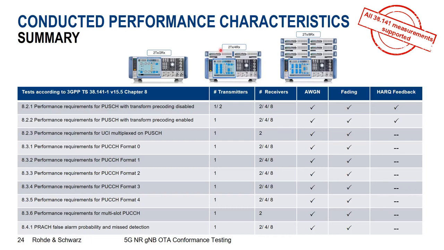This can be achieved with these small extension units. So either 2 or even up to 6 of these extension units can be connected to the main unit, which then allows configuration of up to 8 RF ports, which is the maximum defined in the specification.